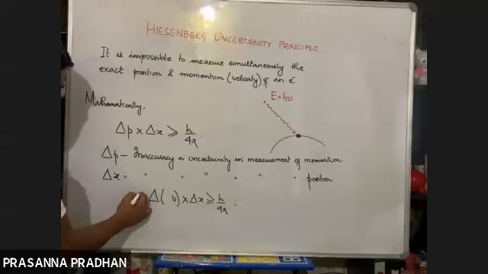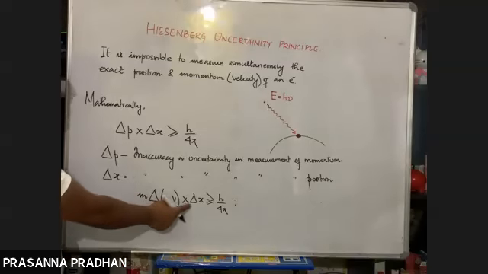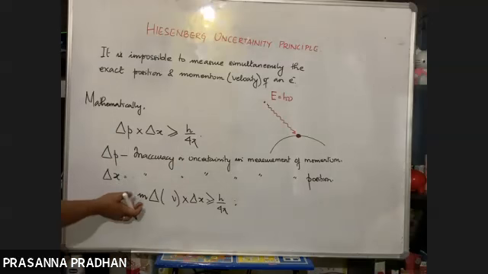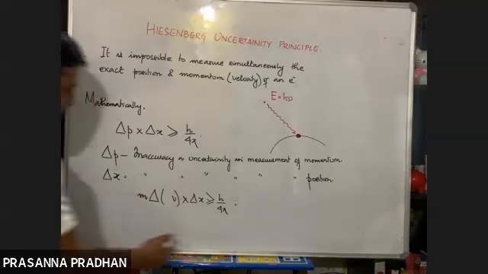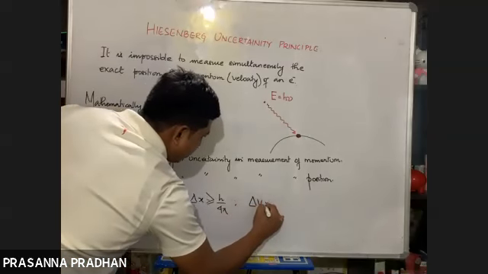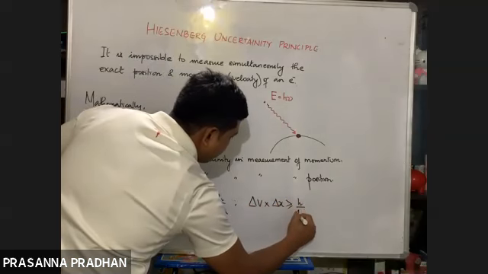Only the velocity will change. Delta represents the change, the uncertainty. The mass of the electron is certain, 9.1 into 10 to the minus 31. There is no uncertainty in the mass. So if I rearrange this, I can write delta v into delta x greater than or equal to h by 4 pi m.